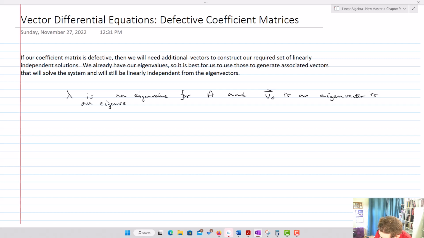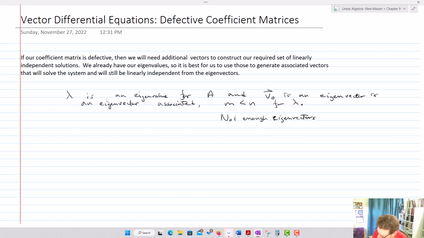And basically what we're going to need is that lambda has multiplicity m less than n. So basically it's the one that doesn't have a full eigenspace. It's got not enough eigenvectors. So make sure that you're choosing that one. That's the one in particular that we've got to add an additional solution to.